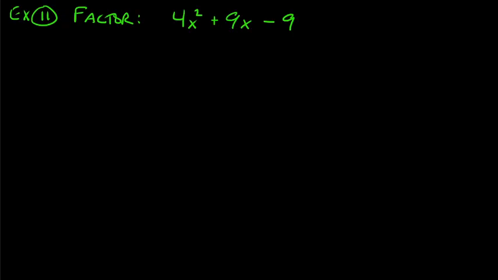Okay. 4x squared plus 9x minus 9. Right, so again, the first term is a perfect square. And the 9 is a perfect square. However, the problem is that it shouldn't be a negative 9. This should be a plus.